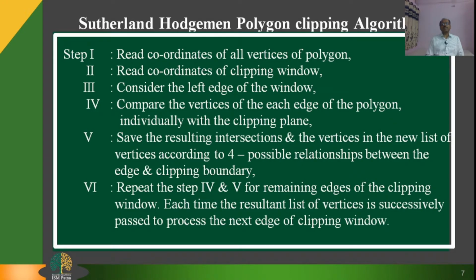So, consider the left edge of the window, compare the vertices of each edge of the polygon individually with the clipping plane, and in the next step we save the resulting intersections and the vertices in the new list of vertices according to the four possible relationships between the edge and the clipping boundary. Repeat these steps for the remaining edges of the clipping window. Each time the resultant list of vertices is successively passed to process the next edge of the clipping window.